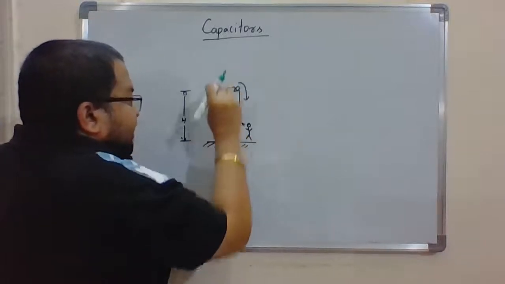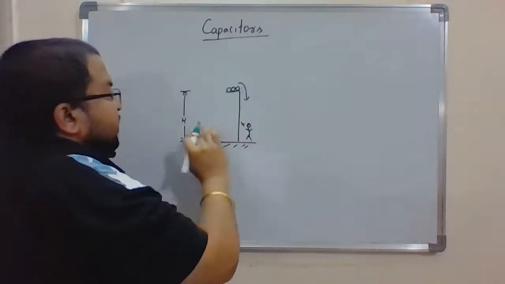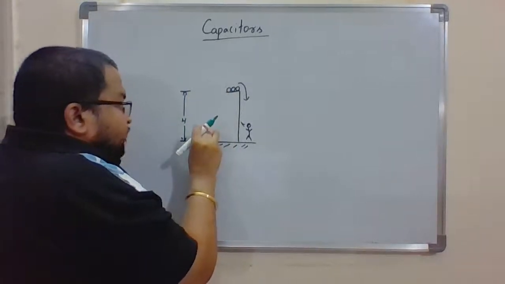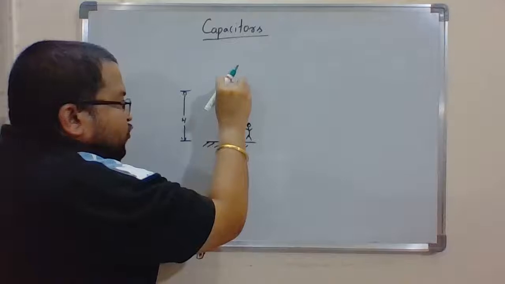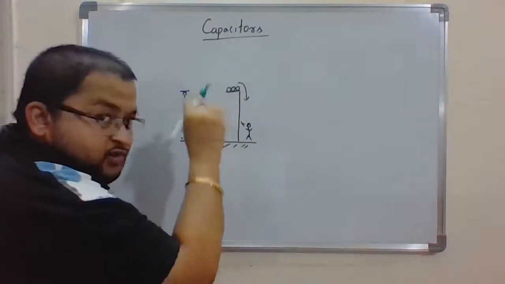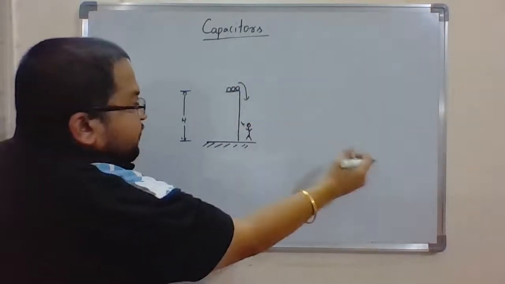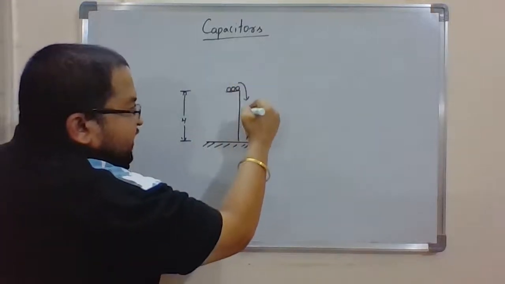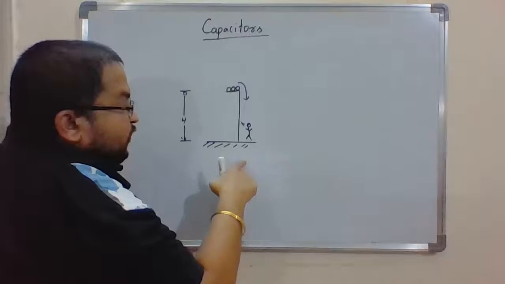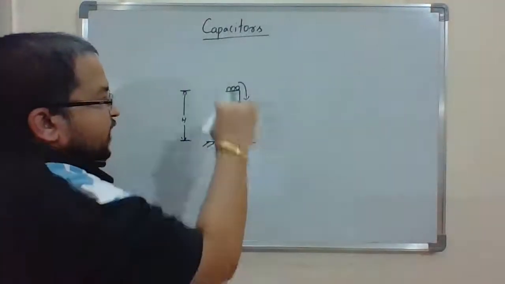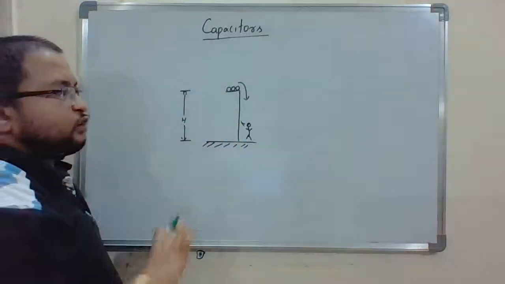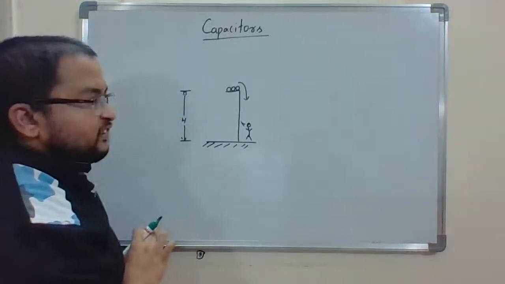They would have used a ladder or some arrangement to pull all these stones onto the cliff and stored them there, so that when the enemy attacks the fort, they can throw them in a burst onto the enemy soldiers and kill them. Remember, this is very much analogous to what we do in a capacitor.